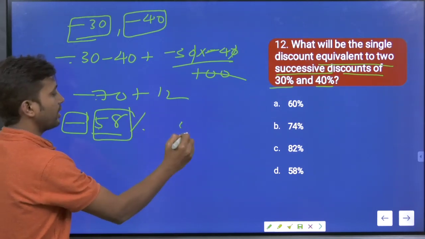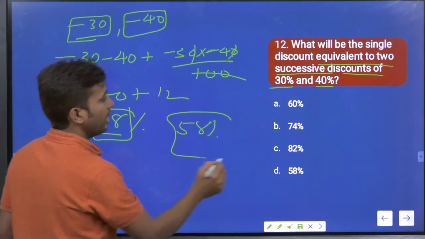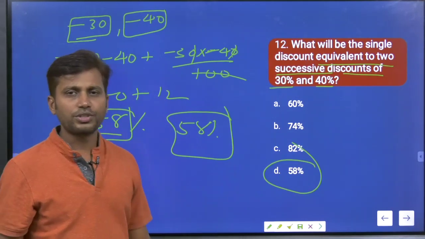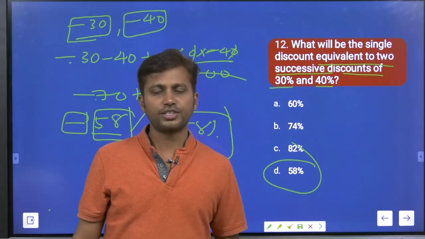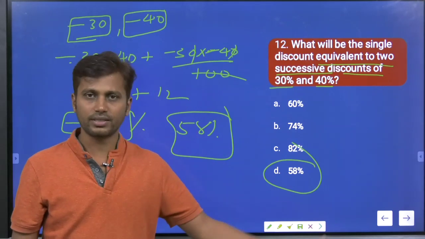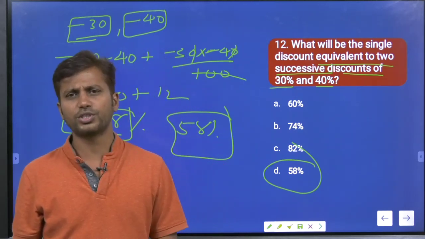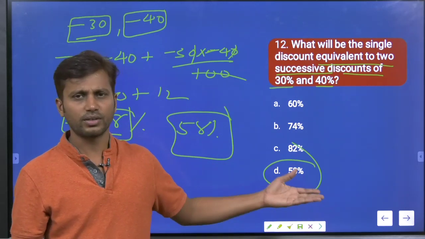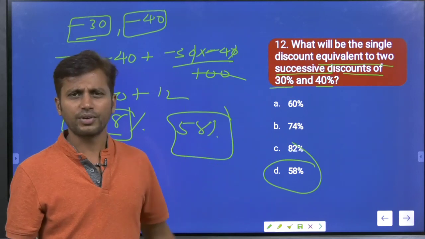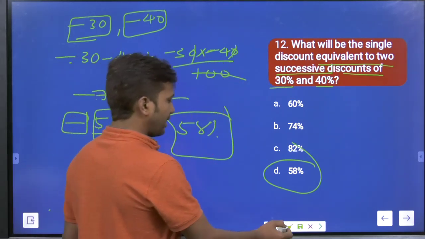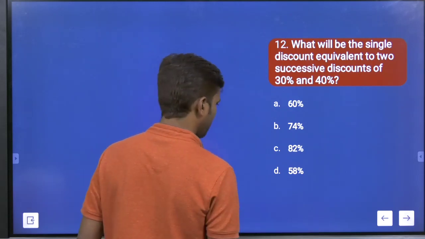So the whole discount is 58%, and your option would be D here. And you can also do it by using the elimination process of percentages from your basics. We don't need to do this once again because the same pattern of question was solved in the last few questions. Now let us solve another one.